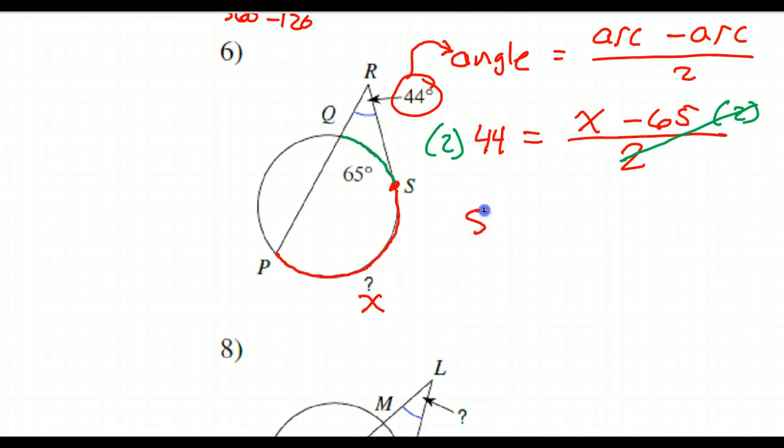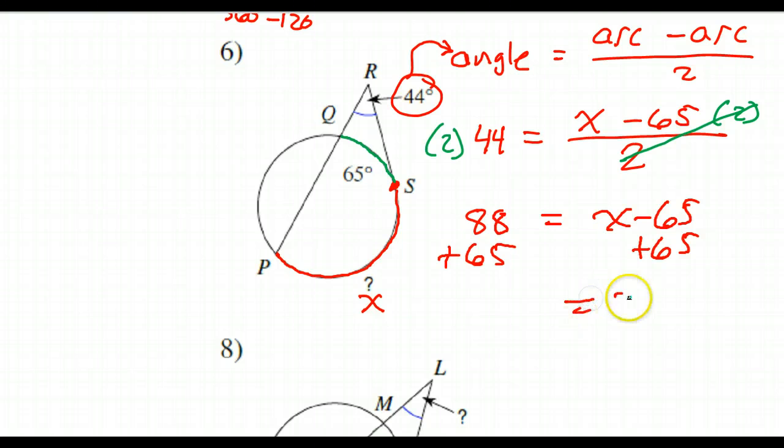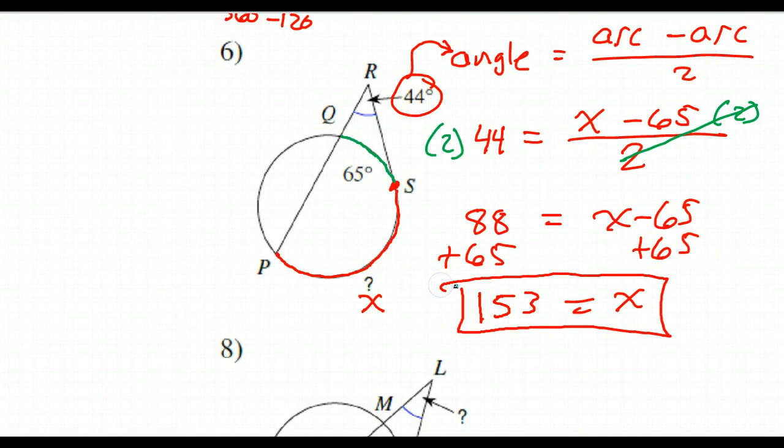So what you have instead is 88 is equal to x minus 65, plus 65 on both sides. So that's going to give you 153. Alright, that is it for number 6.